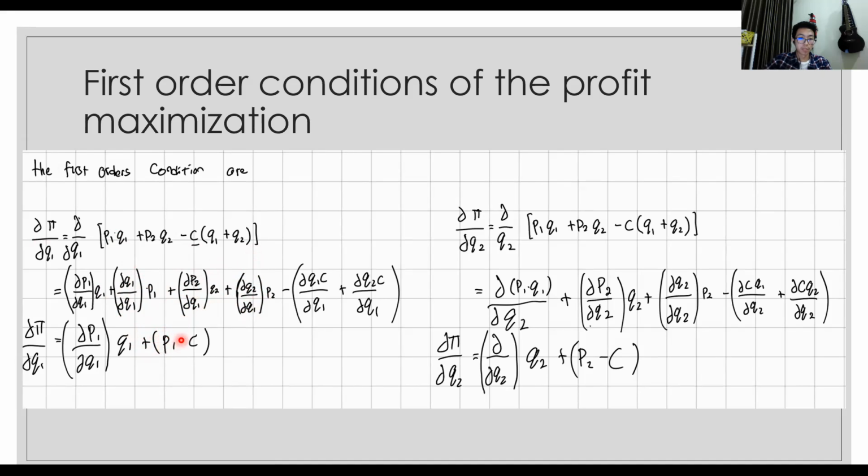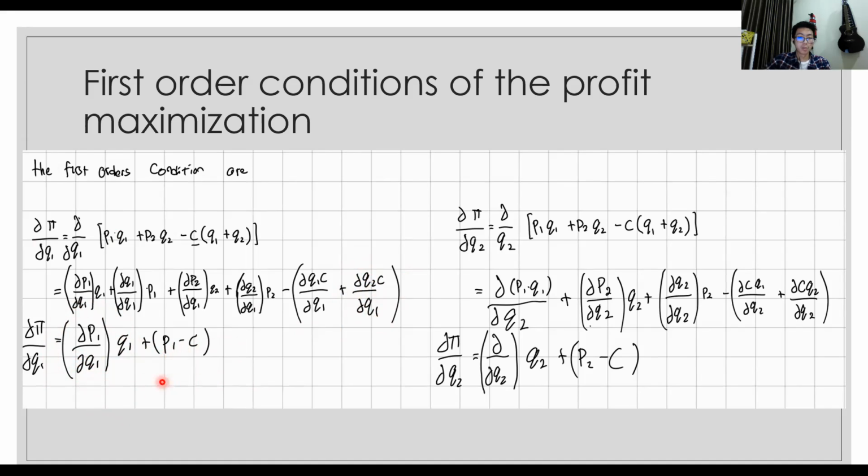So we get the partial of P1 over the partial of Q1 times Q1, plus P1 plus 0, minus, the partial of Q1 over the partial of Q1 is 1 times C, so minus C, plus the partial of Q2 over the partial of Q1, which is 0 because this is for quantity 2, whereas this is for 1. So we get the partial of P1 over the partial of Q1 times Q1, plus P1 minus C. We'll need this because we're accounting for the optimization of quantity 1 in country 1.